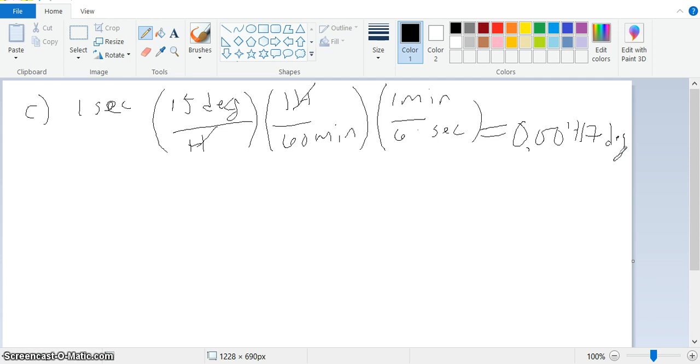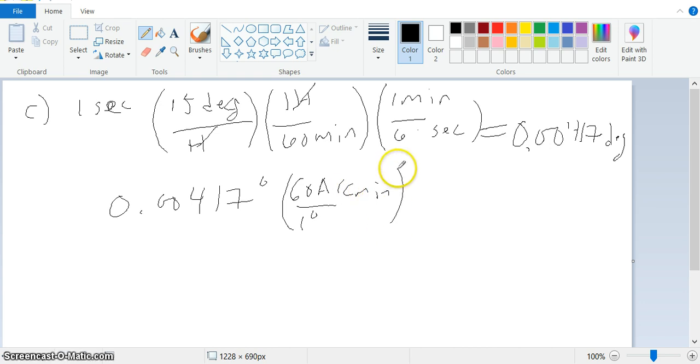All right, and then let's see if we can finish this up. So we have that number, 0.00417 degrees, and we know that in 1 degree there are 60 arc minutes. And of course the degrees cancel, and that gives us 0.25 arc minutes.